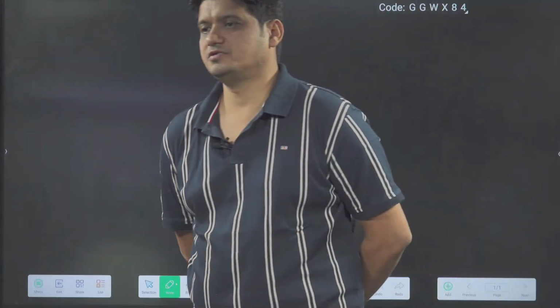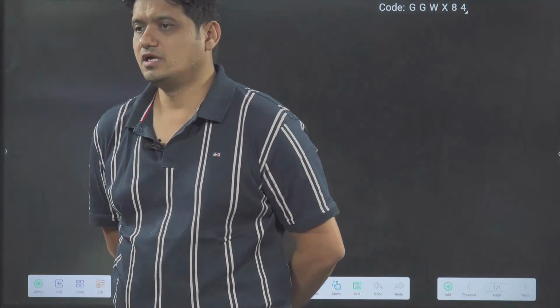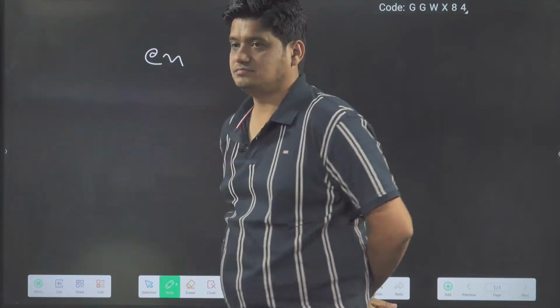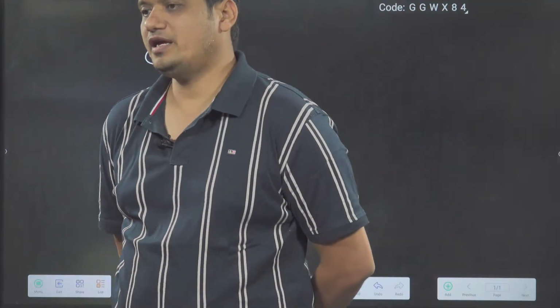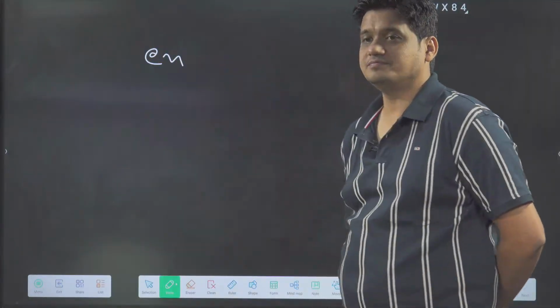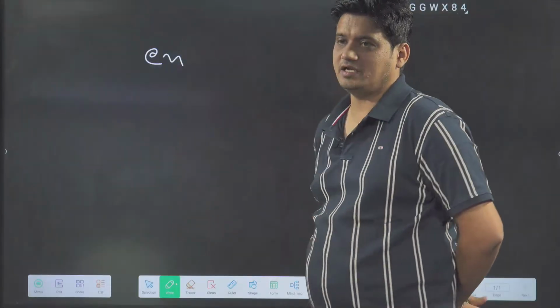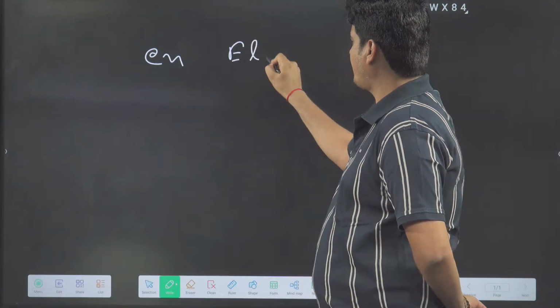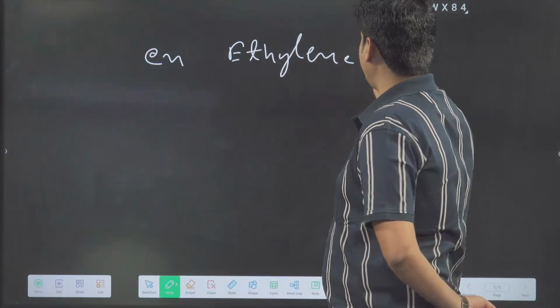Good. It is better to say electronegativity, or we can use the chi symbol there. If you write En, those who know chemistry properly will say En means ethylene diamine.